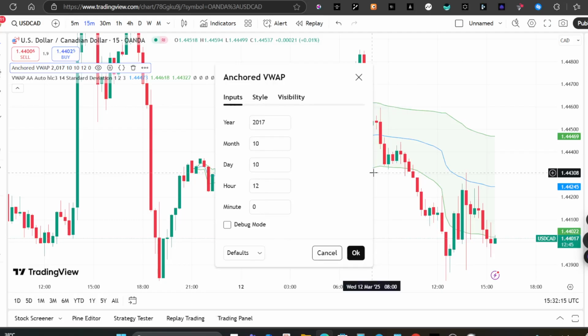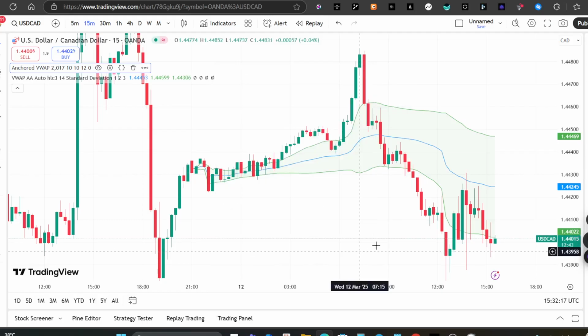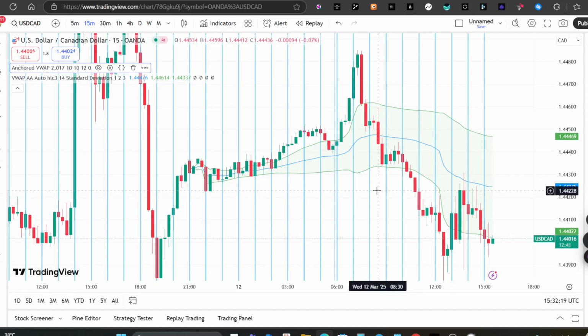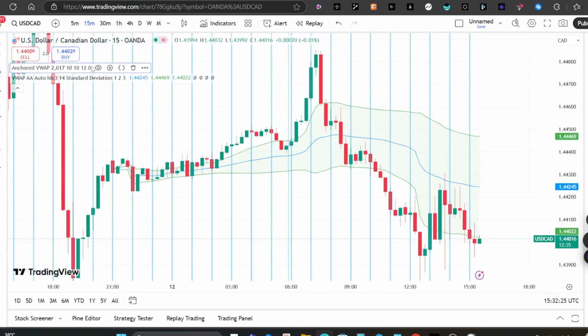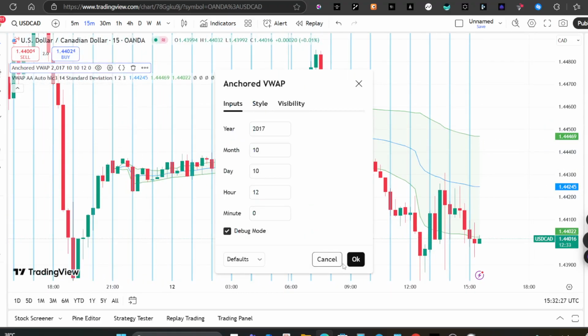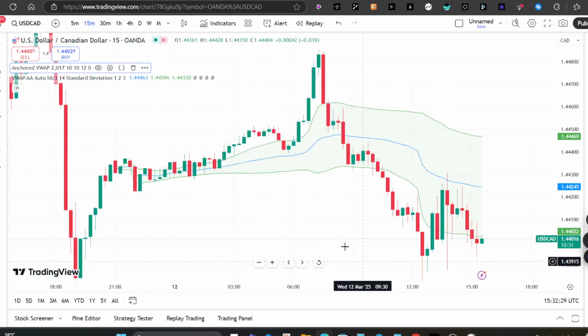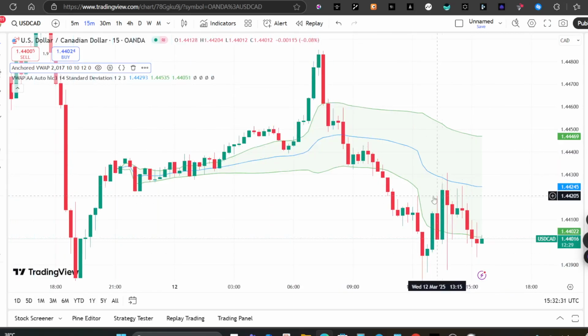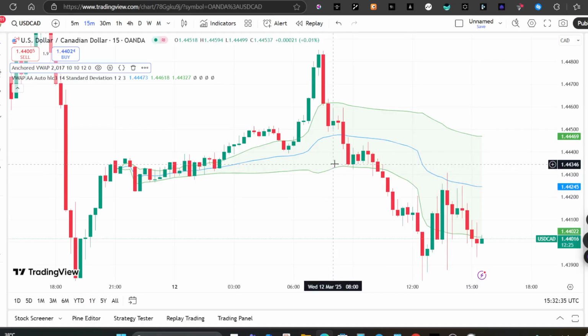If price breaks out from a consolidation zone, anchoring VWAP there shows where new buyers or sellers are stepping in. Then you can anchor from a reversal point. If a trend shifts direction, anchoring VWAP to that reversal confirms whether the move is backed by volume.